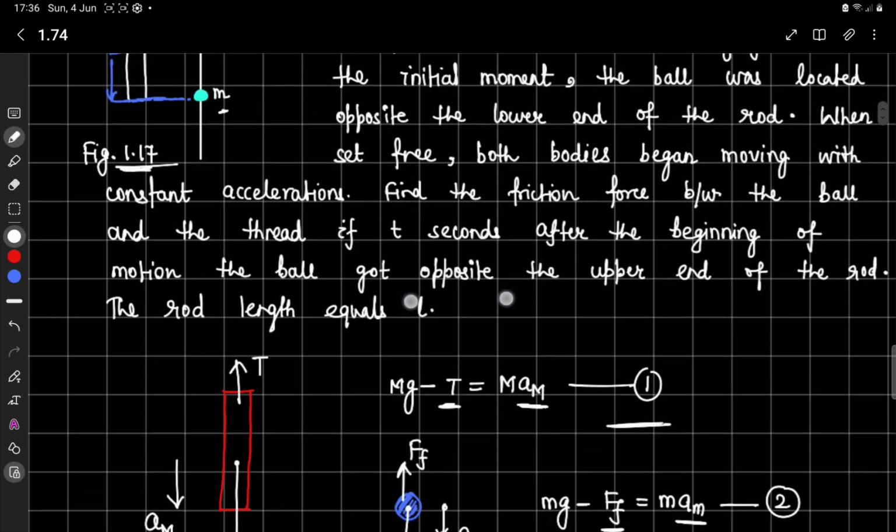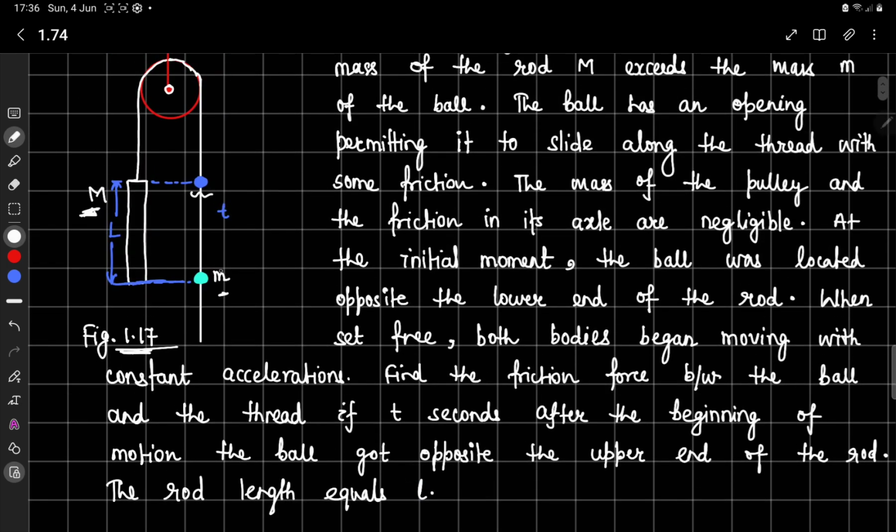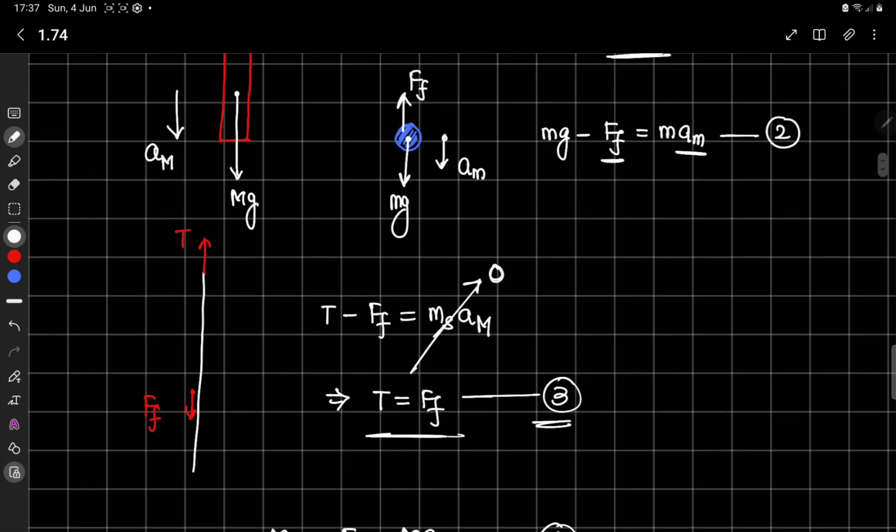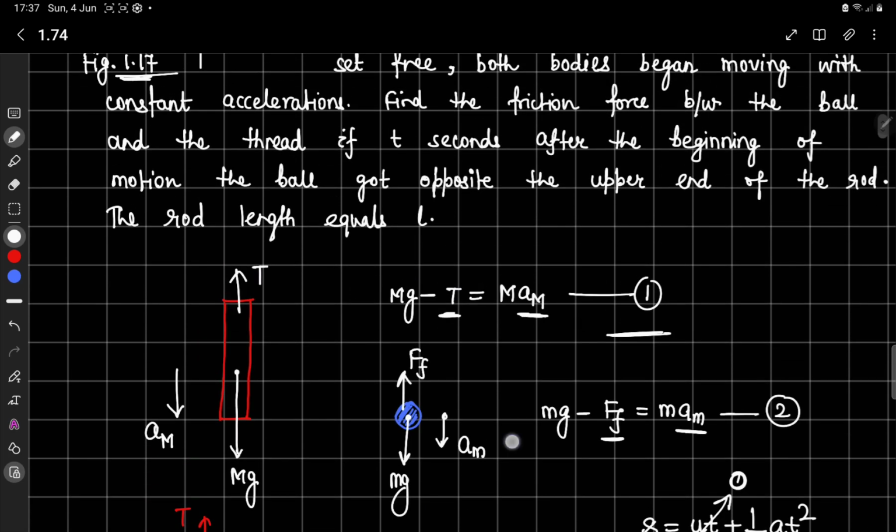In the problem it is saying that in time t, the mass m is moving from this particular point to this particular point relative to the motion of the rod. So in that case, what can we write? We know from the equation of motion that S is equal to ut plus half at square. The initial velocity is 0 and S is the length of this rod.